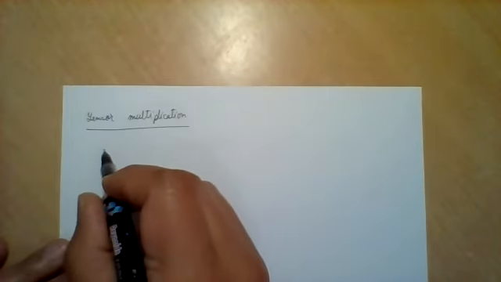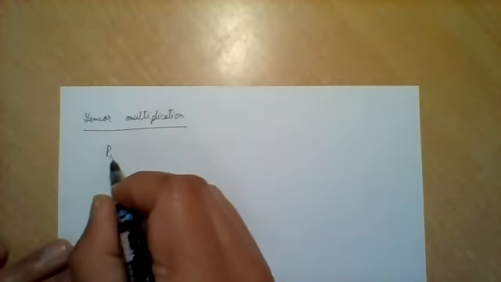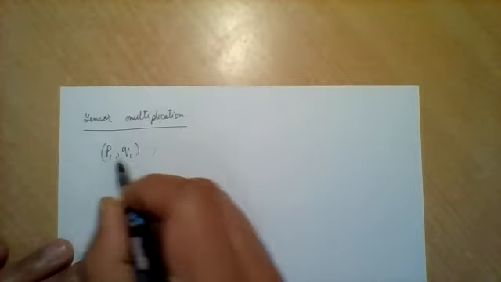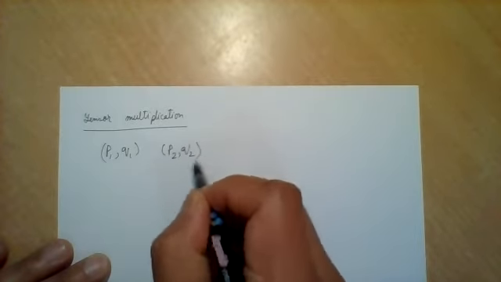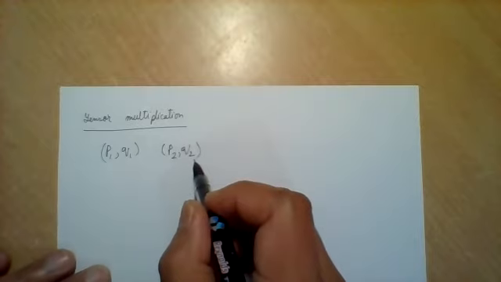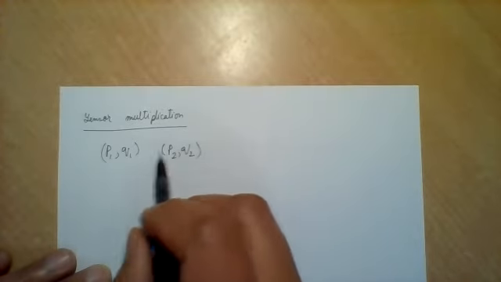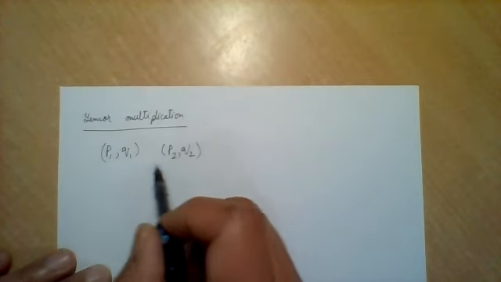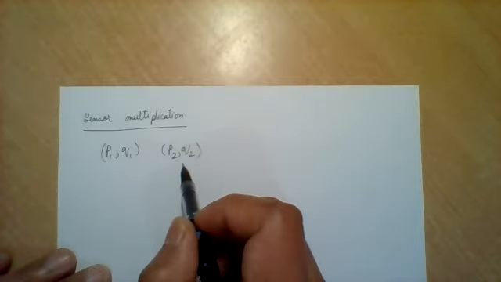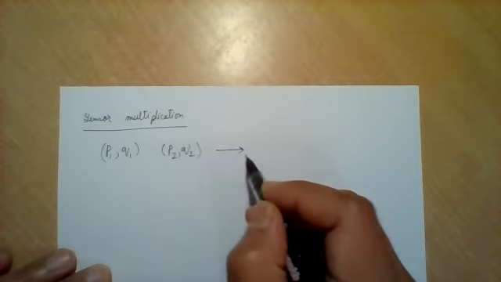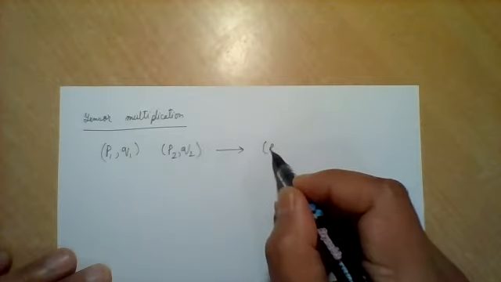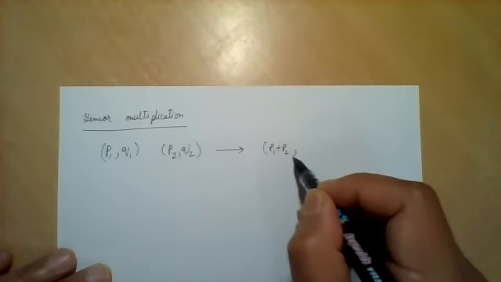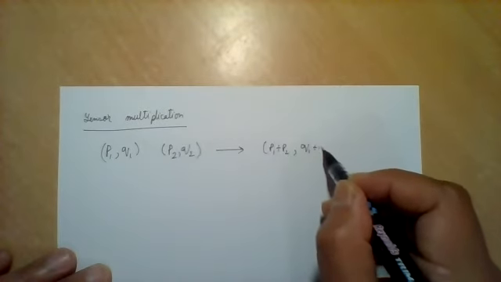I have a tensor of type (p1, q1) and another tensor of type (p2, q2). I am multiplying a tensor of type (p1, q1) with another tensor of type (p2, q2). This will give rise to a new tensor of type (p1 plus p2, q1 plus q2).